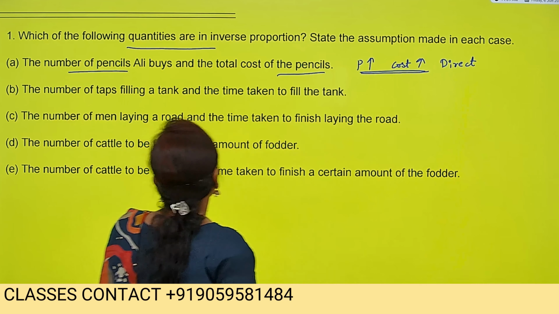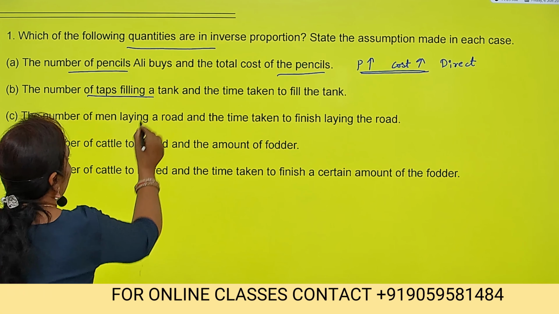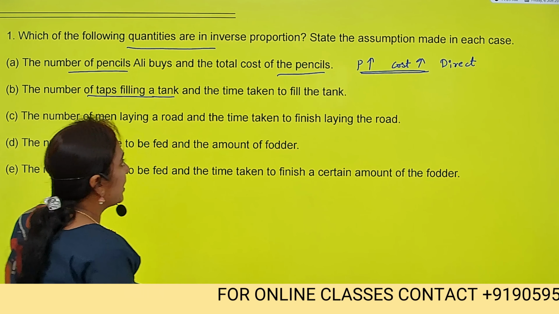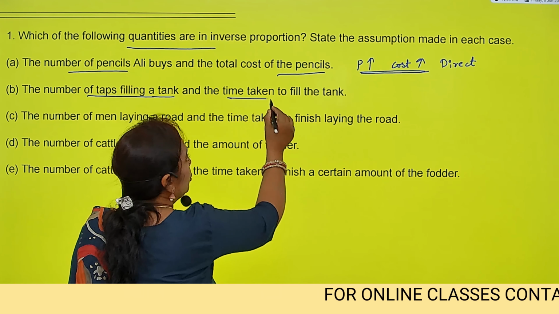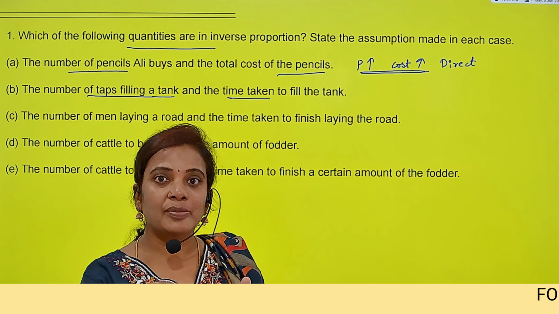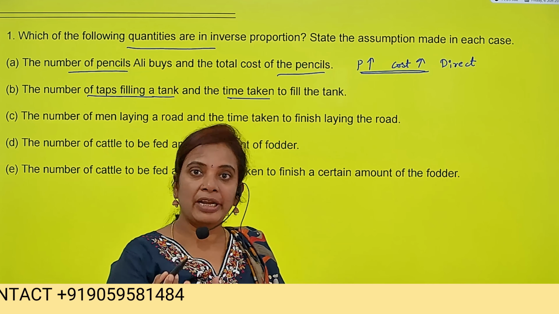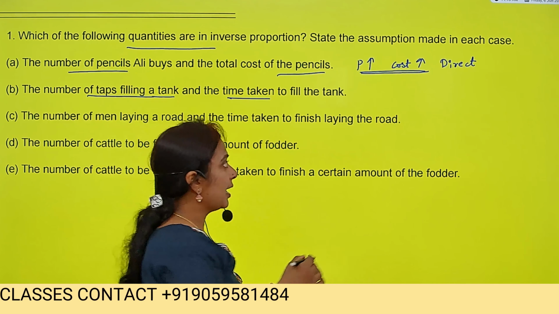Second case, the number of taps filling a tank and the time taken to fill the tank. If one tap takes more time to fill a tank, with more taps it takes less time.